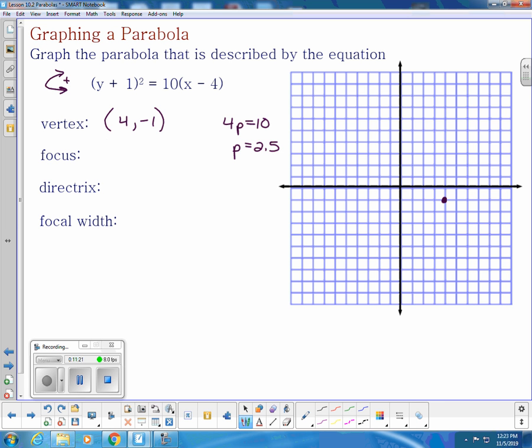So for the focal point, I'm going to take 2.5 and add it to the 4. My directrix is behind my vertex, to the left of my vertex. 4 minus 2.5 puts me at x equals 1.5.